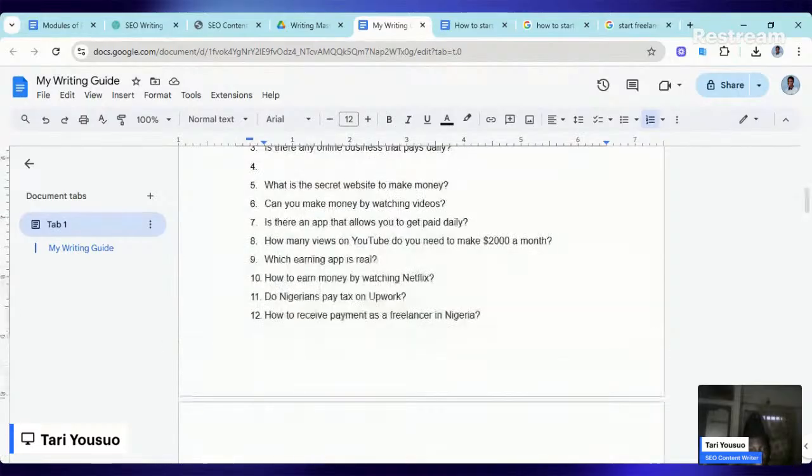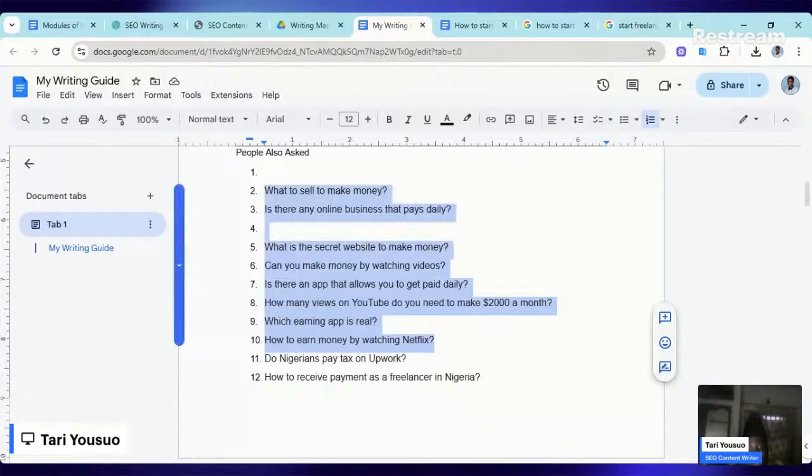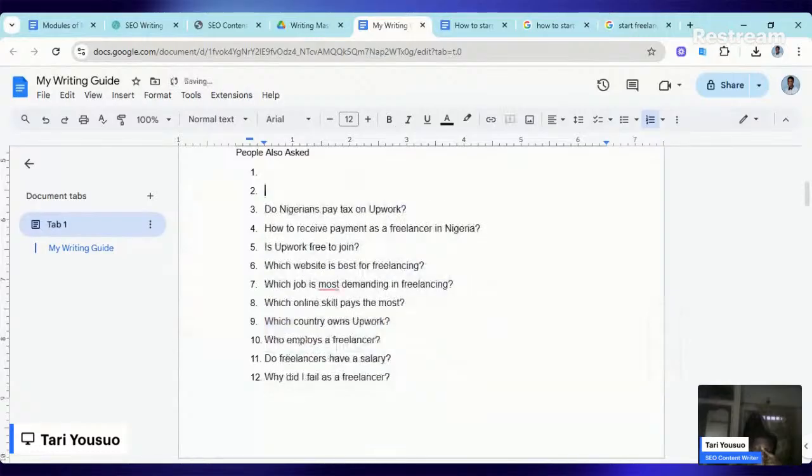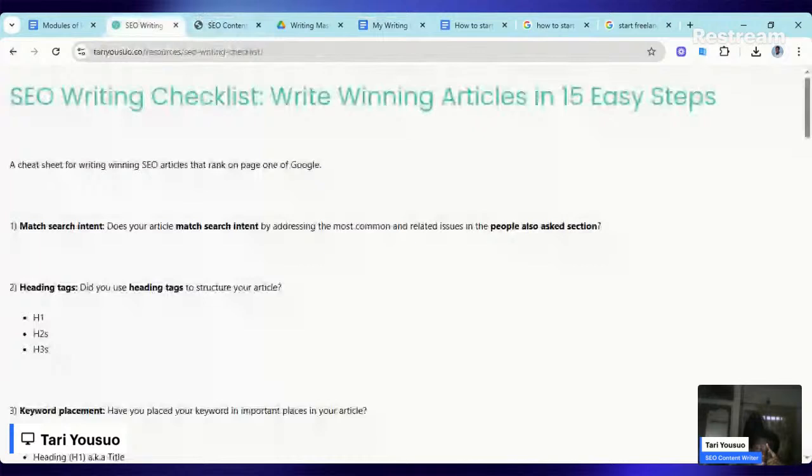Then, do Nigerians pay tax on Upwork? So basically, I don't know if you remember when I talked about semantically related words on my checklist. So Upwork is semantically related to freelancing.